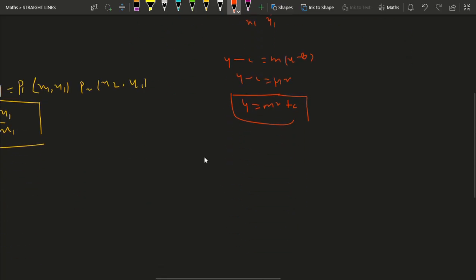For the second case, if they ask for the x-intercept, my equation will be y is equal to m into x minus D.